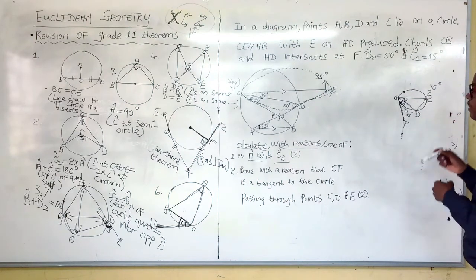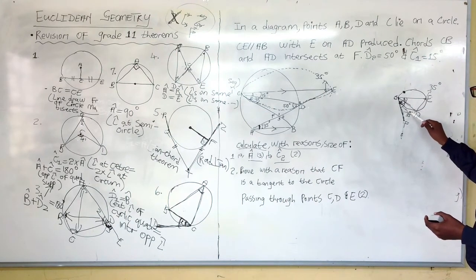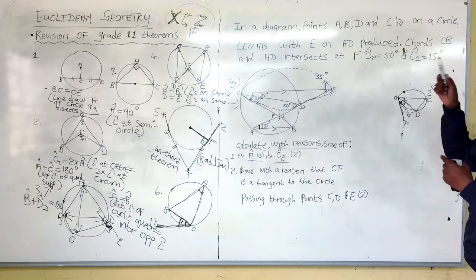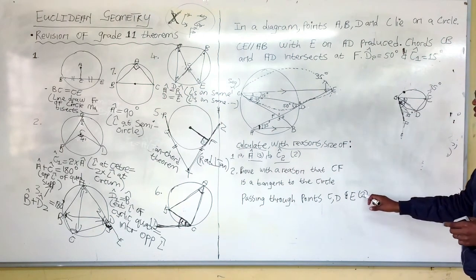So we've already proven that C2 is 35, and angle E in our previous question is also 35. So this is what we're going to write. That's why it's 2 marks.